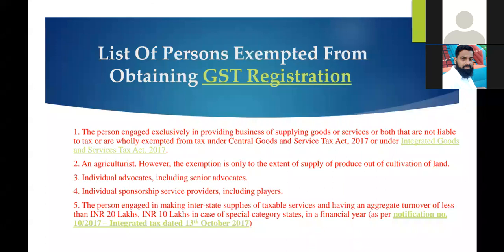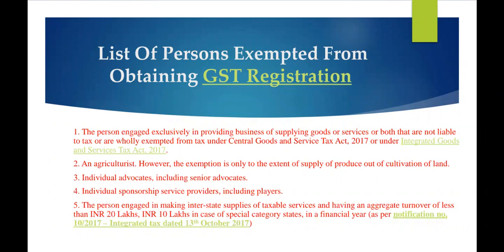First are the persons engaged exclusively in the business of supplying goods or services, or both, that are not liable to tax or are wholly exempted from tax under the Central Goods and Services Tax Act 2017 or the Integrated Goods and Services Tax Act. Such persons are not liable to obtain GST registration. These are the first persons.